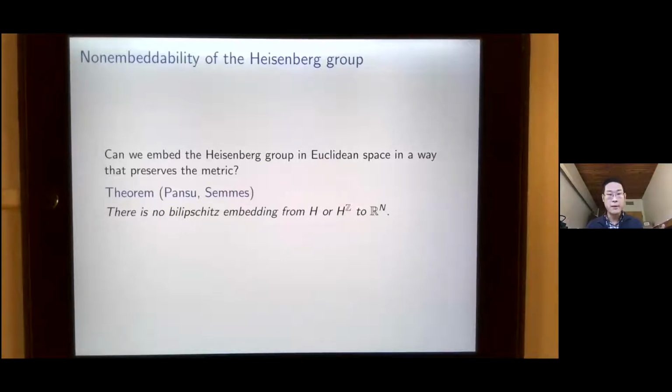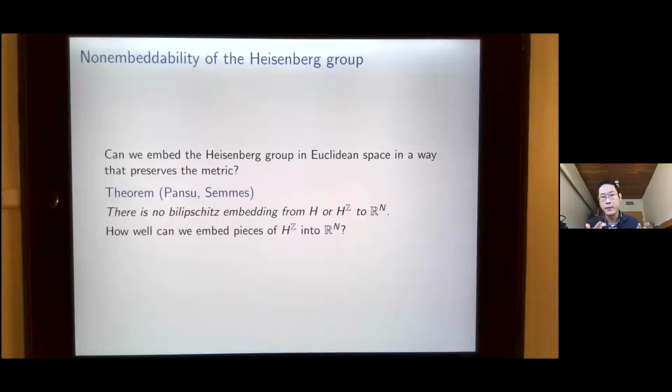So what do we do next? Well, we can't embed the whole Heisenberg group in R^n, but we can embed pieces of it. And so we can ask, okay, any finite piece of the Heisenberg group, any finite piece of the lattice embeds in R^n because, well, as long as you construct an injective map, it's automatically bilipschitz.